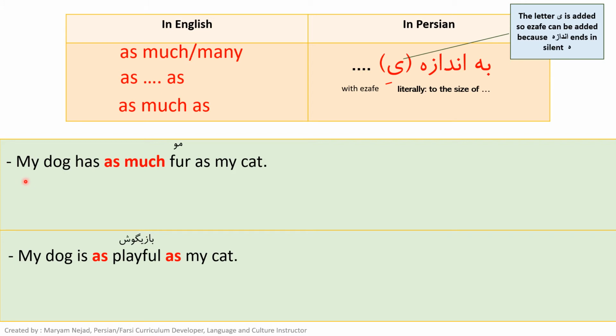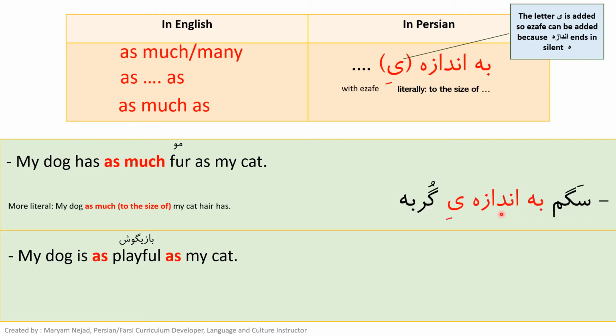All right, let's start with this first example. We want to say my dog has as much fur as my cat, and fur is just مو. مو is hair. سگم به اندازه گربه ام مو دارد. But now we want to say my dog is as playful as my cat.